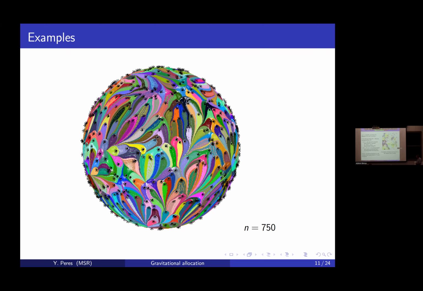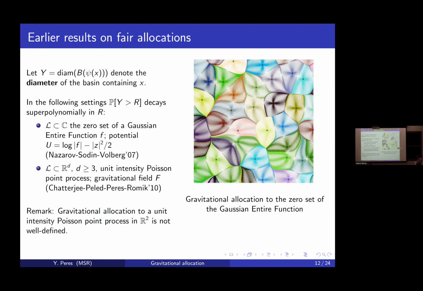And there is an interesting history that I will just say two words about. This type of analysis goes back, and I can't give all the background, but the most relevant background for us was a work of Nazarov, Sodin, and Volberg, where the centers were not uniformly random or Poisson points, but were zeros of a random analytic function, and they didn't think of it in terms of gravitational potential.